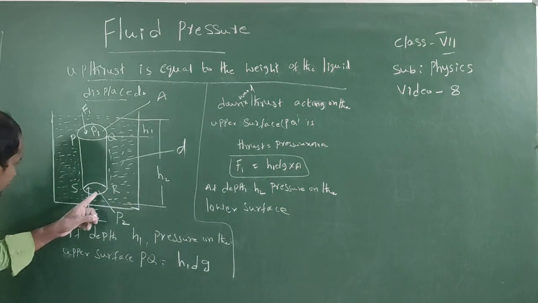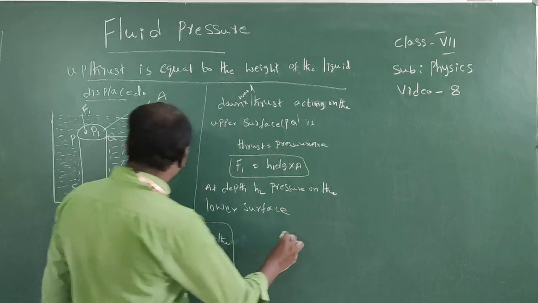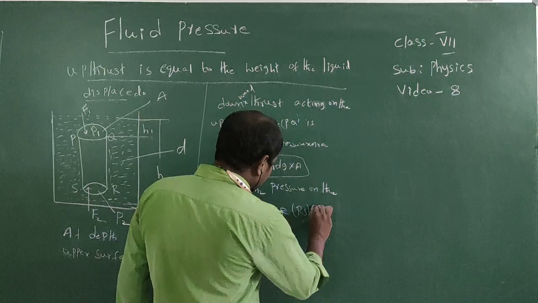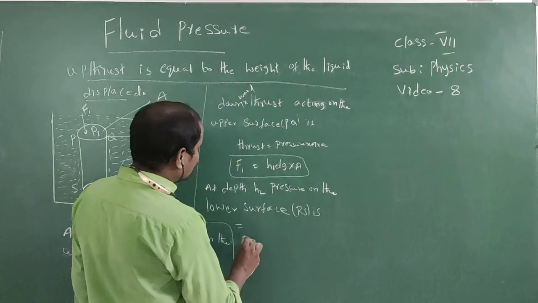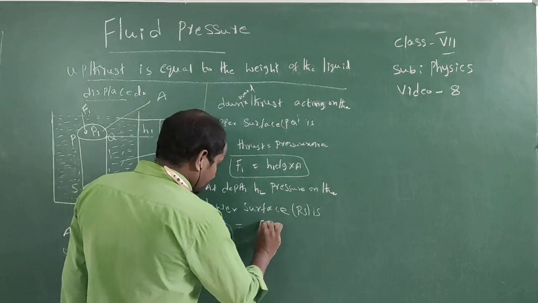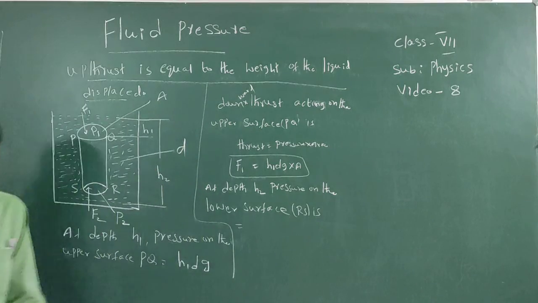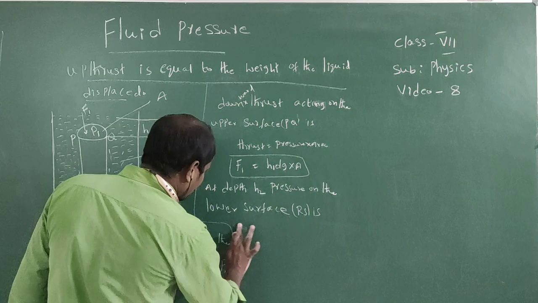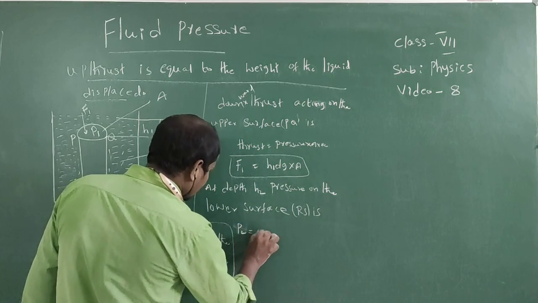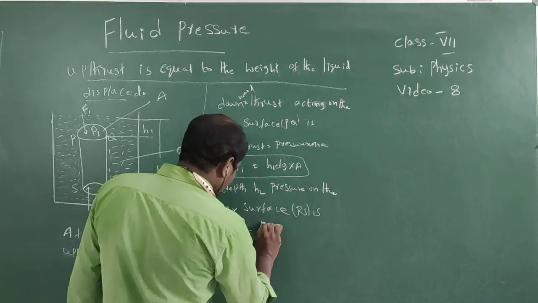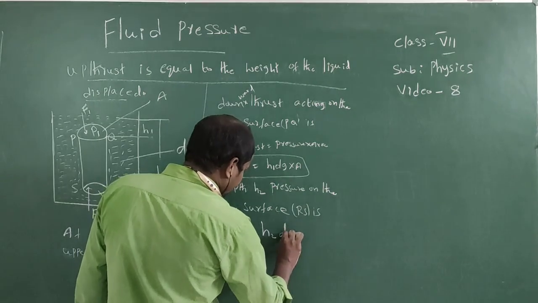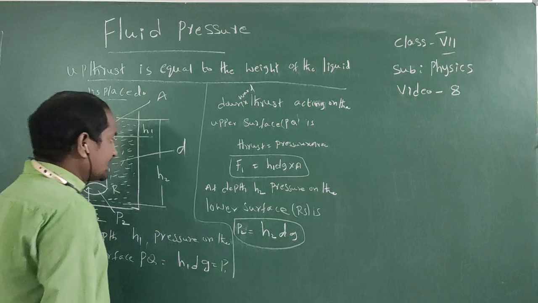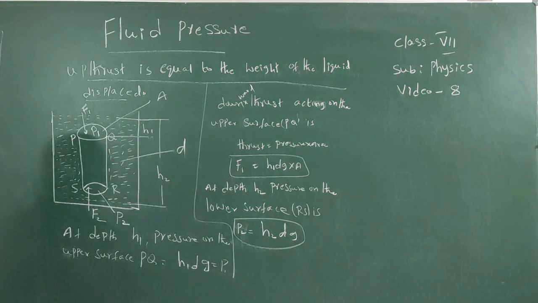From the diagram, the lower surface is RS. The pressure P2 is equal to H2 into density into g. This is the P2 value.